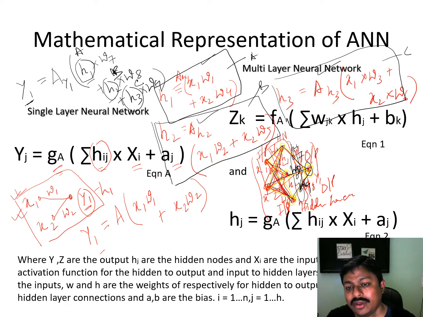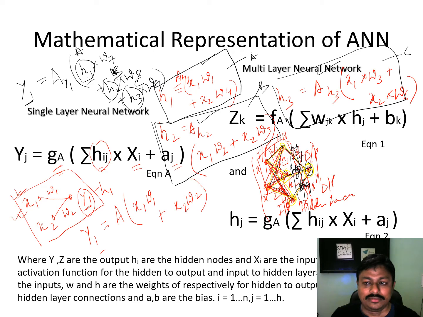Okay, the network will become heavier. So the calculation will also be very complicated, and the more the complication, the more computational infrastructure you require. That means more RAM, more cache, and a more sophisticated computer to run a very heavy neural network.